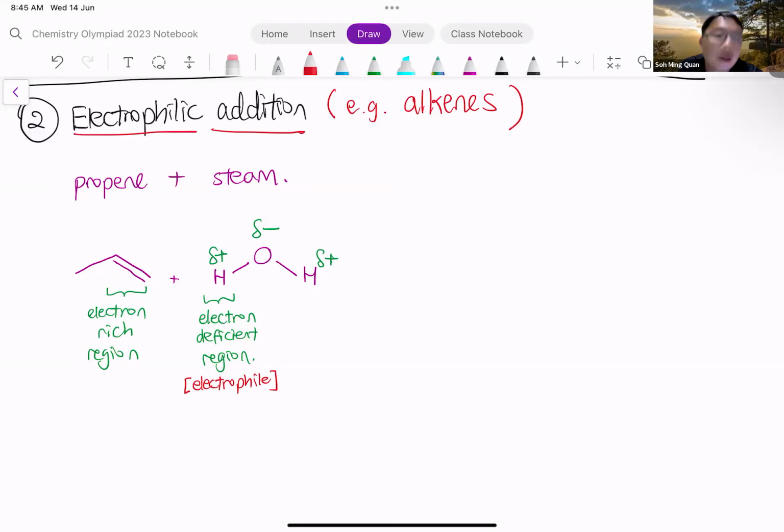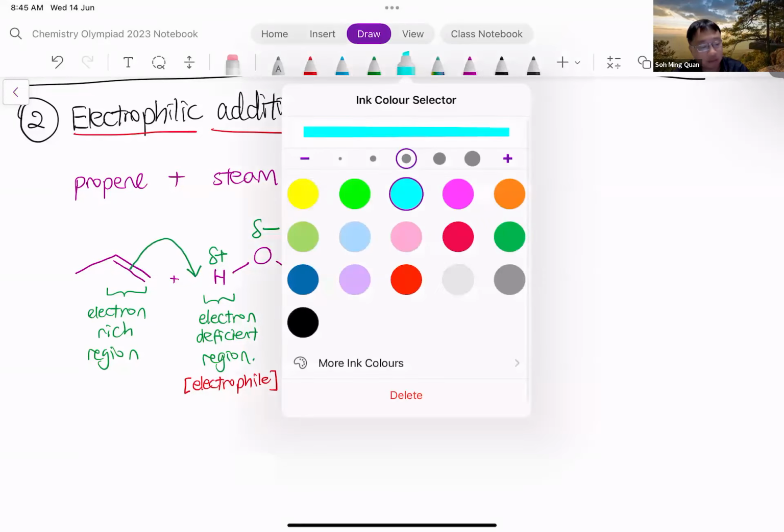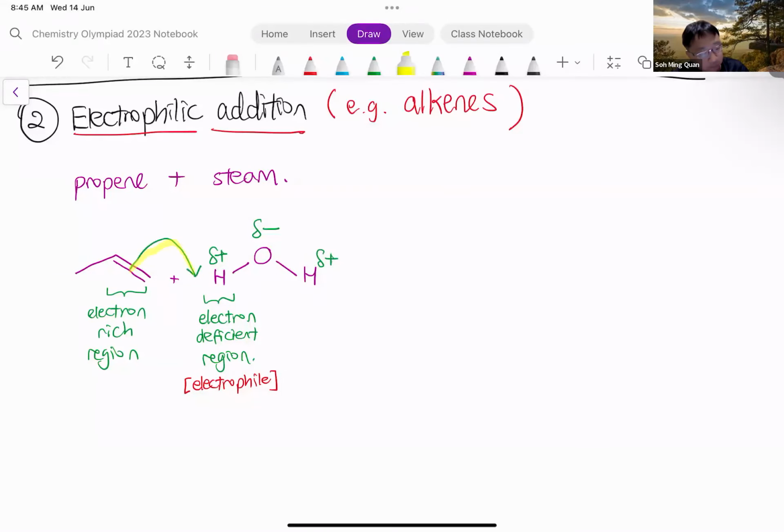It wants and loves electrons because it is currently electron deficient. Where will it get these electrons from? It will get them from the double bond. So the arrow is from the double bond, forming a bond with hydrogen. Can you see this arrow that Mr. So has just drawn, from the double bond to the hydrogen?